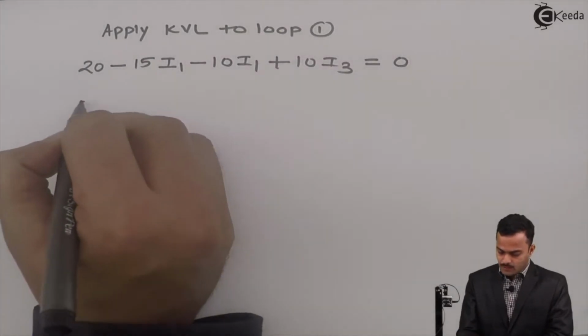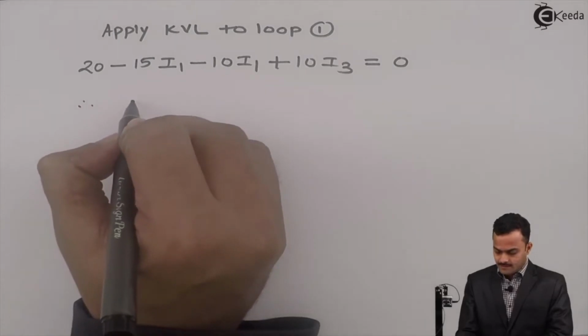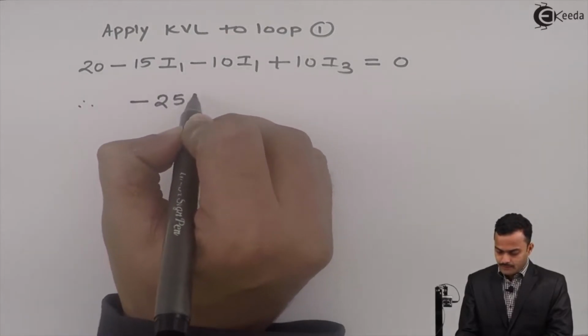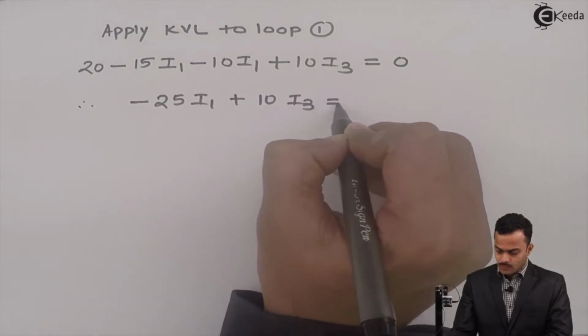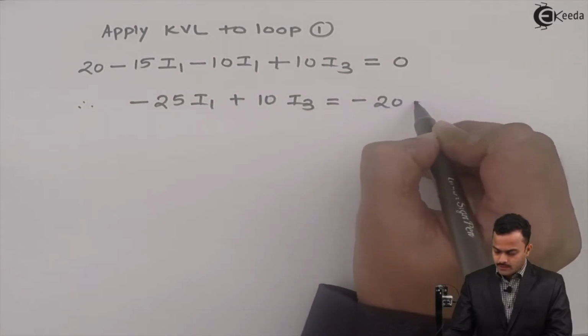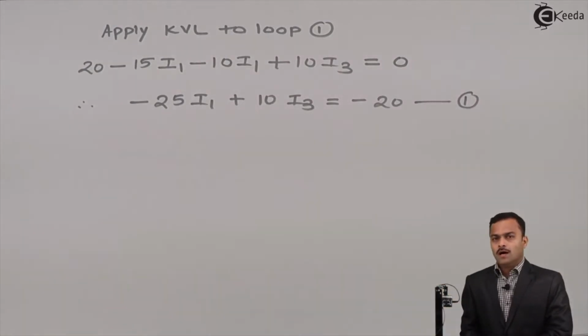After simplifying, I will get minus 25I1 plus 10I3 equal to minus 20, equation number 1.